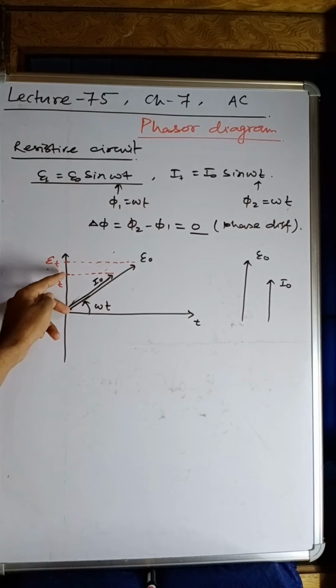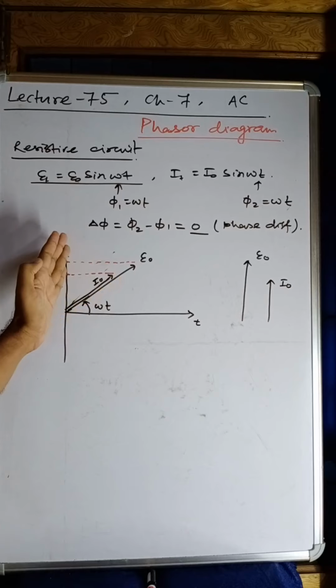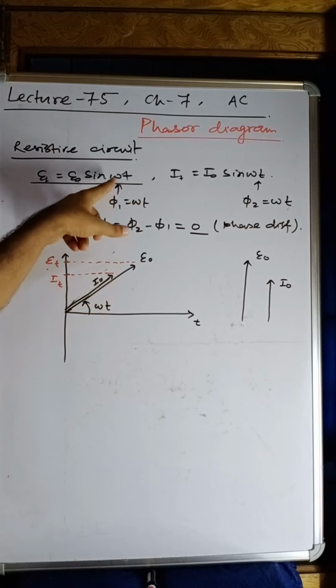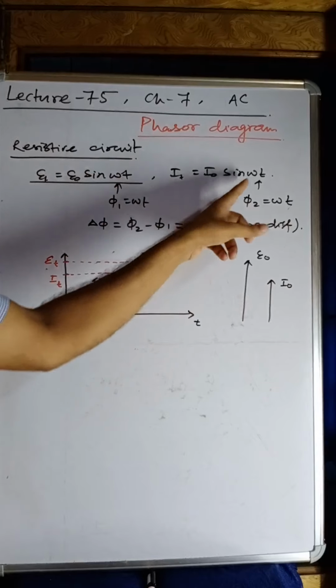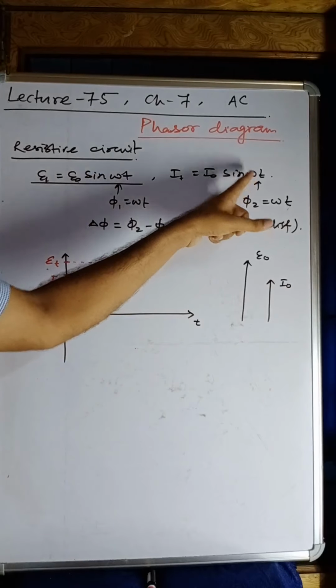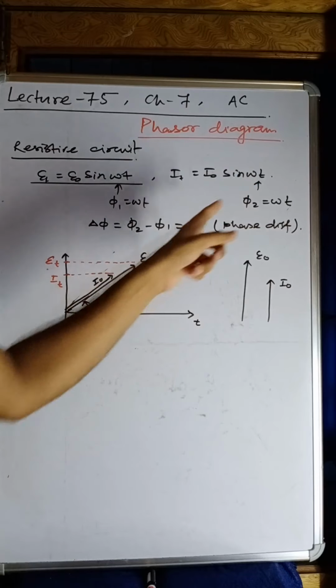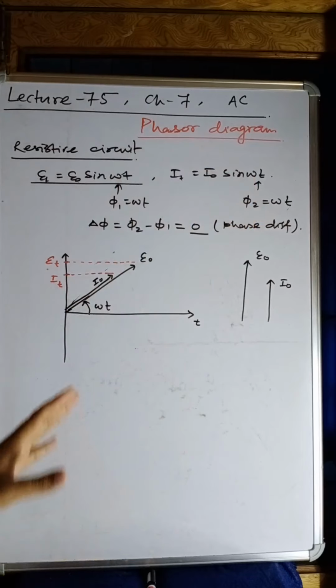If it rotates a little more, then it will increase, and this component will be maximum when it rotates by how much? 90 degrees. Even if you put omega t as 90, you will get the maximum. It will be maximum for 90 degrees. So this is the simple way.